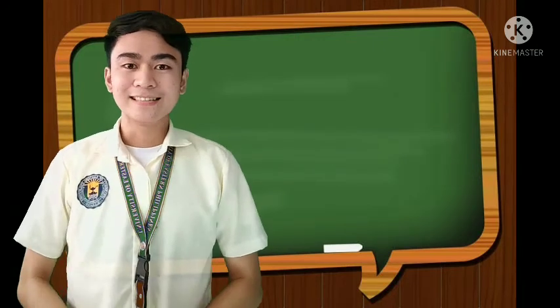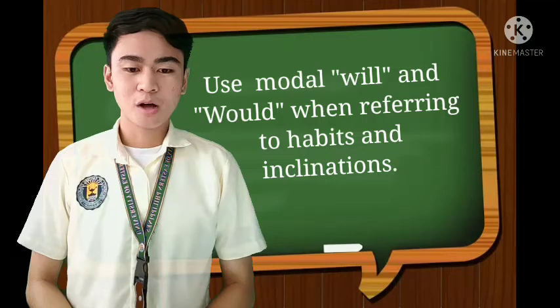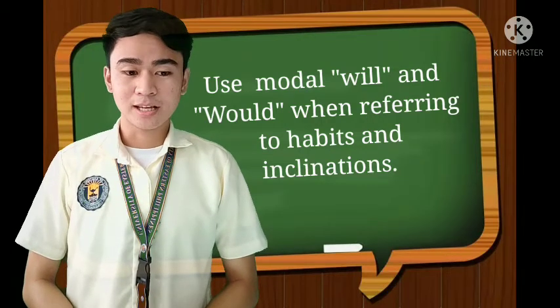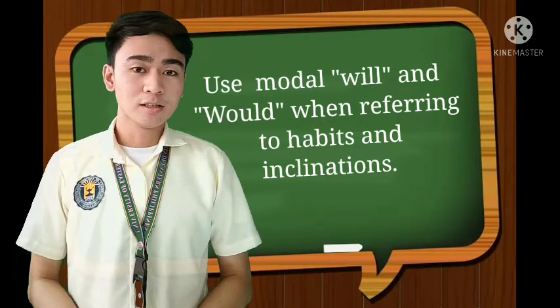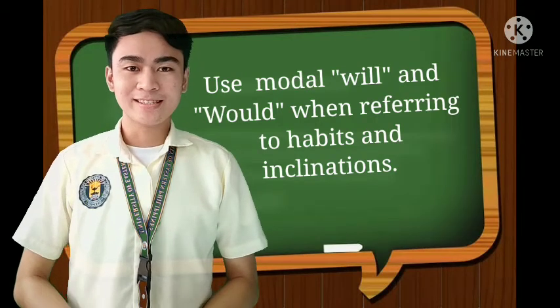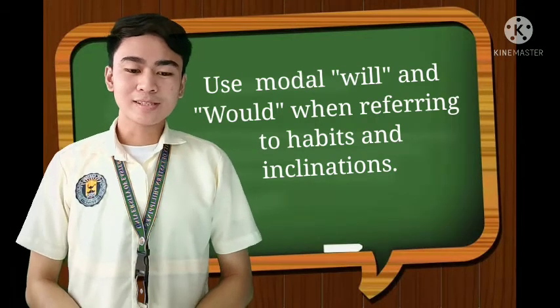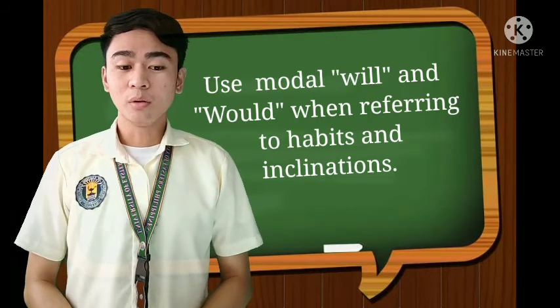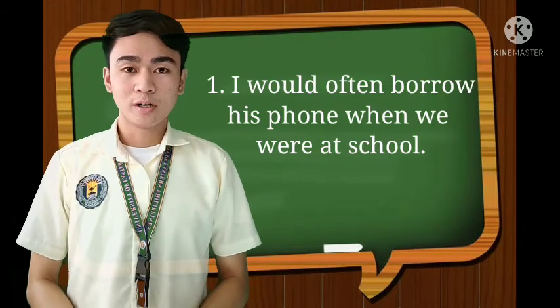The fourth and last category of modal verbs is used to refer to habits and inclinations. The modals will and would are included in this category. An example sentence is, I would often borrow his phone when we were at school.